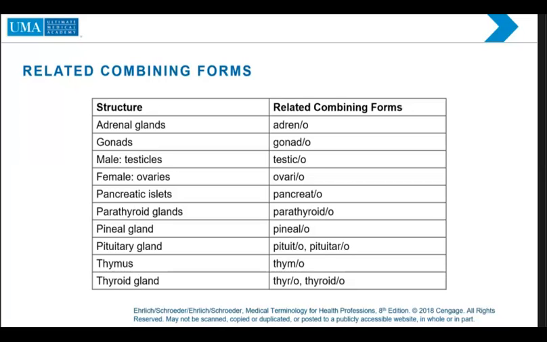You see the pancreatic islets is pancreas, the parathyroid glands, parathyroid, pineal glands, pineal, pituitary gland, the thymus, and then your thyroid gland. So these are all structures of your endocrine system, and you can see beside it, it lists the combining forms.